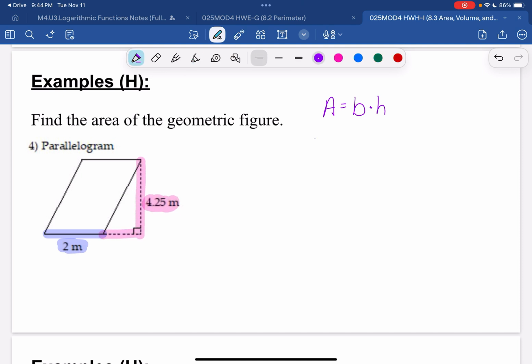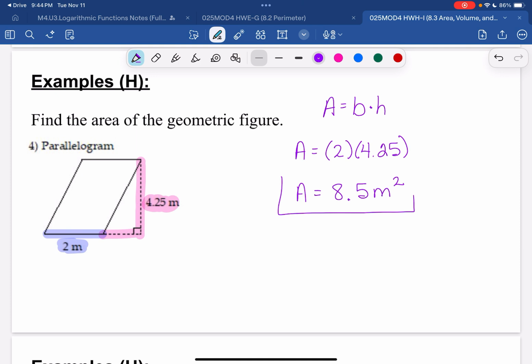Okay, so area, my base is 2 times my height is 4.25. And I'm just going to multiply that out. And that gives me 8.5. I'm going to square my units. The hardest part of these is knowing the formulas.